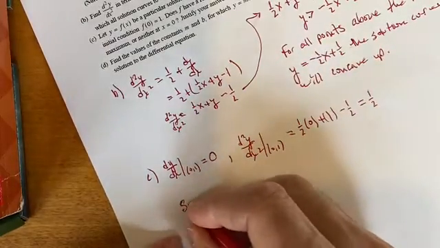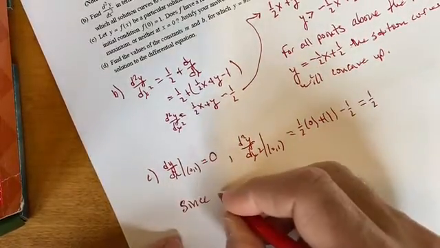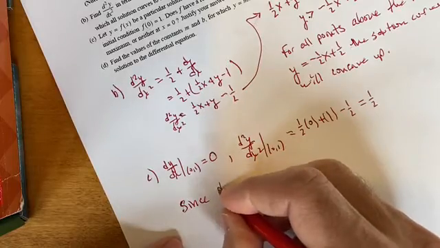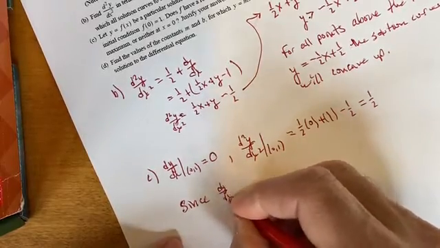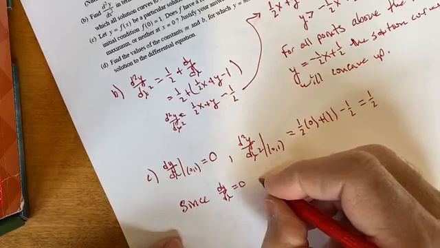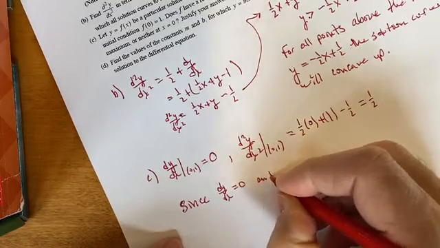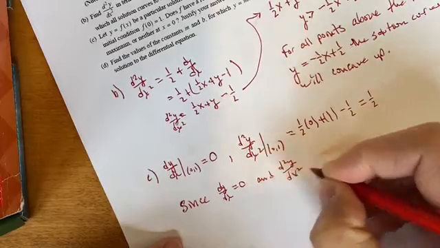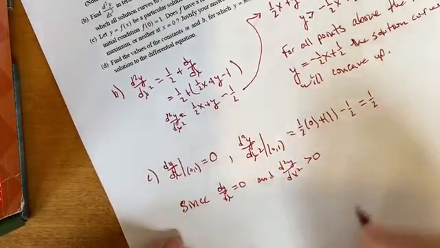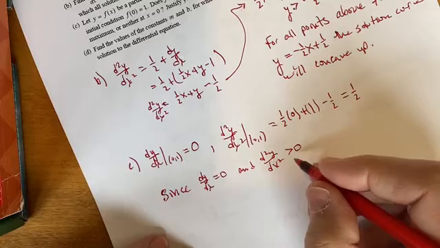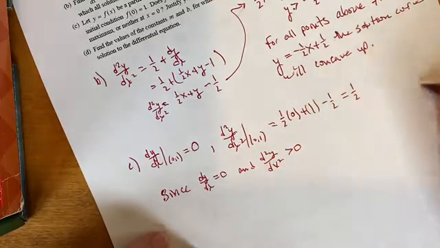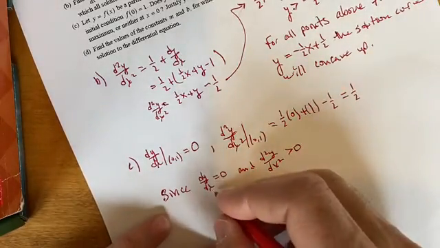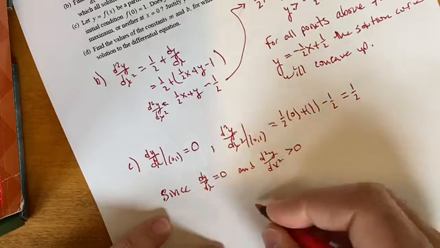So since dy dx equals 0, and the second derivative is greater than 0, that means it's positive. If the first derivative is 0, there's a max or a min, right?